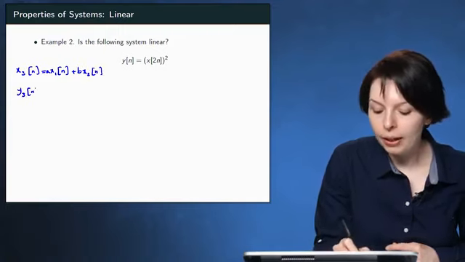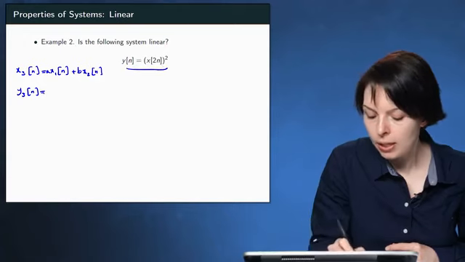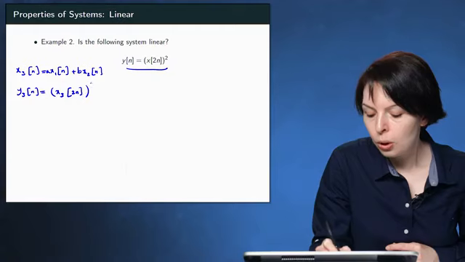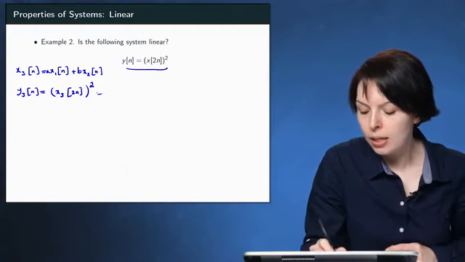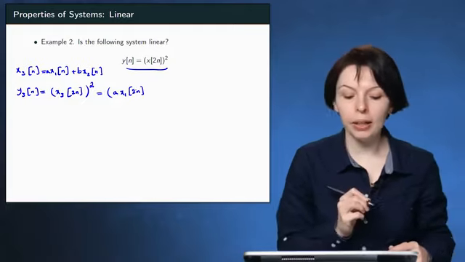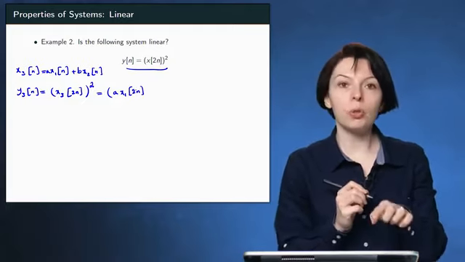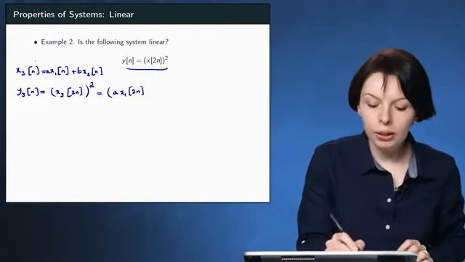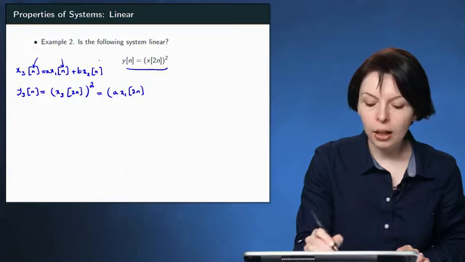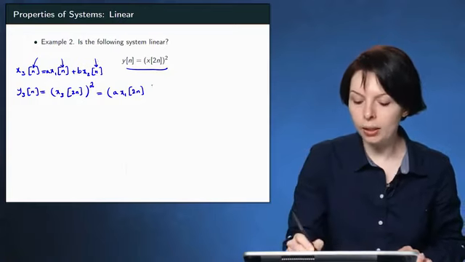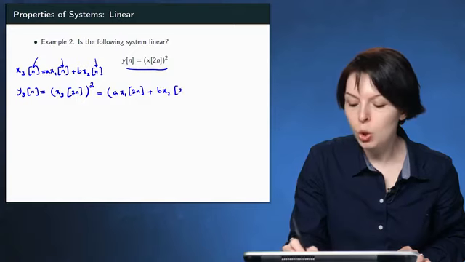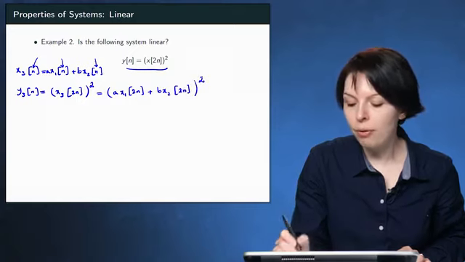So y3 of n using this expression is equal to x3 of 2n to the power of 2, that is equal to a times x1 of 2n. If I have x3 of n and I want to find x3 of 2n, I'm dealing with this argument here. Whenever I see n, I need to change it to 2n. So plus I have b times x2 of 2n, this to the power of 2.